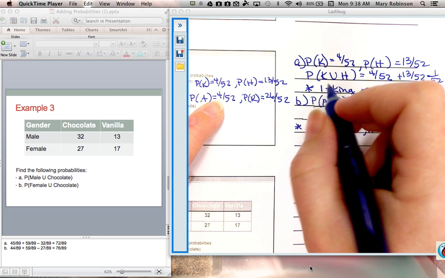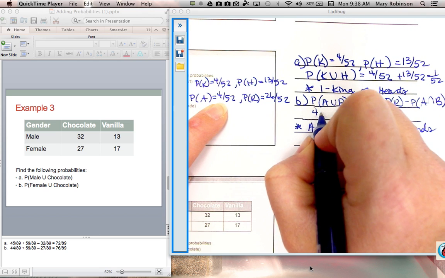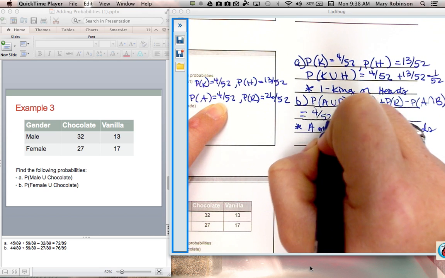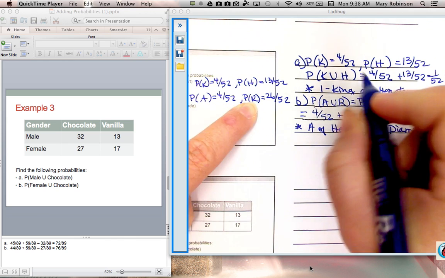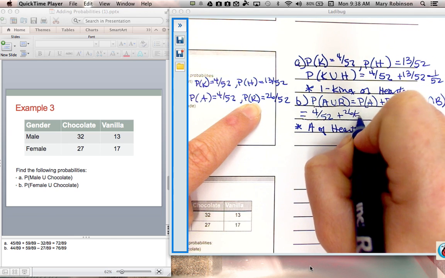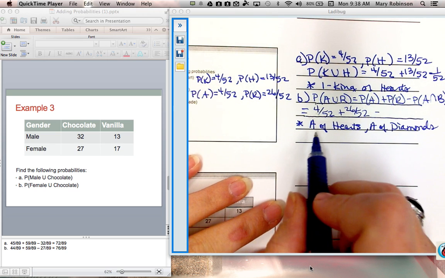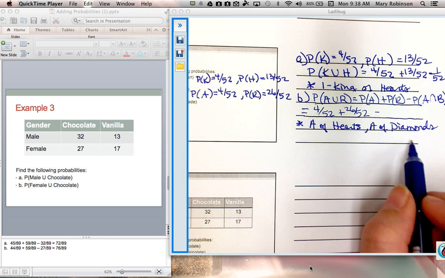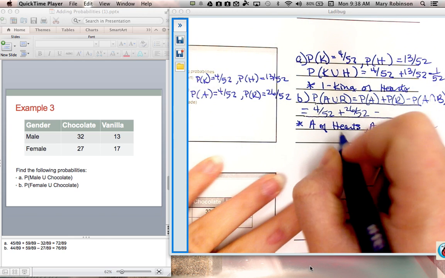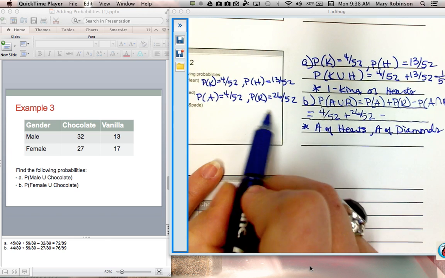So the probability of ace was 4 out of 52. The probability of red was 26 out of 52. And then note that there are an ace of hearts and an ace of diamonds, both being red. And since they're both red, we have to subtract that out.